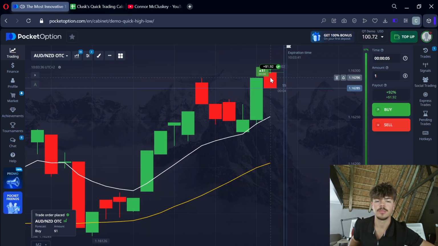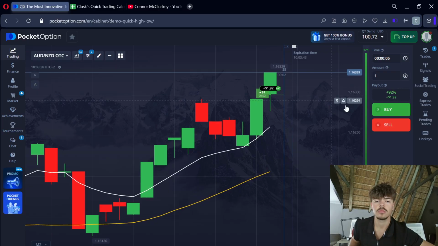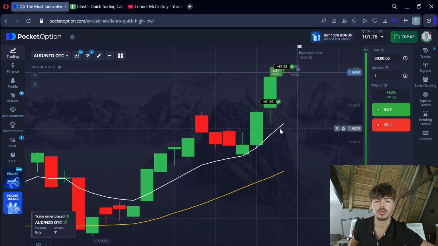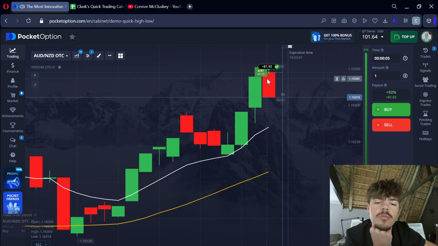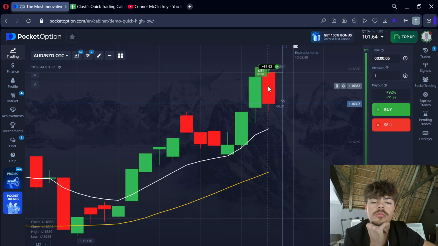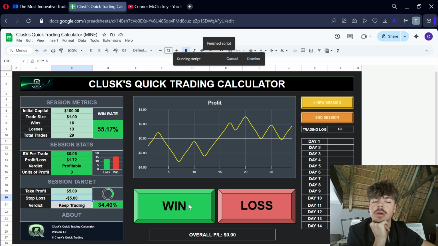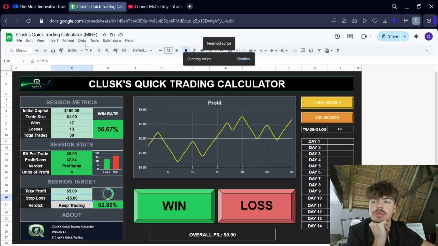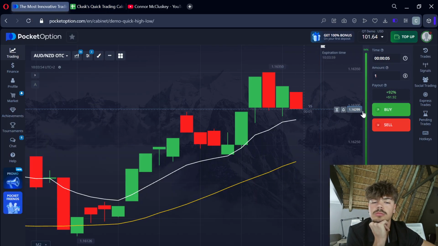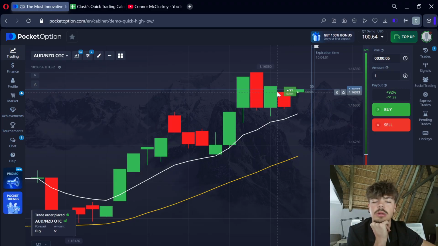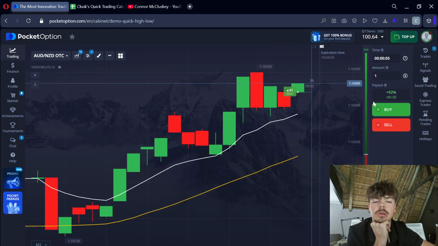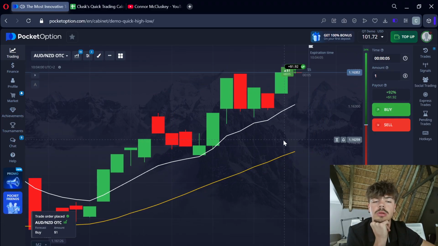There's 1 win. There's 2 wins. 2 wins and a loss. So 1 win there, a win there, and then a loss. And go again, likely to alternate this pattern. There's a win.